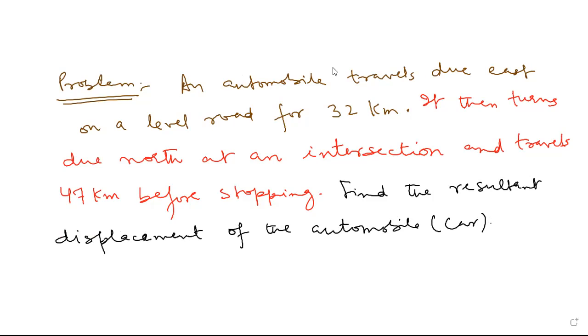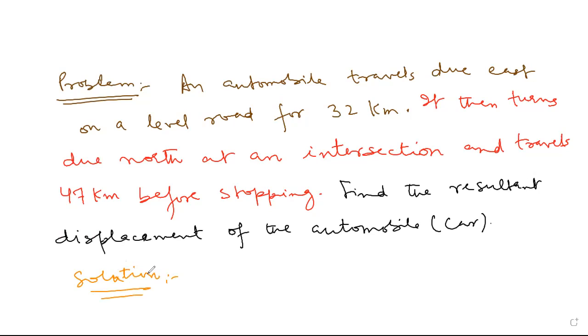So before discussing the solution, let me check the problem. An automobile travels due east on a level road for 32 kilometers.